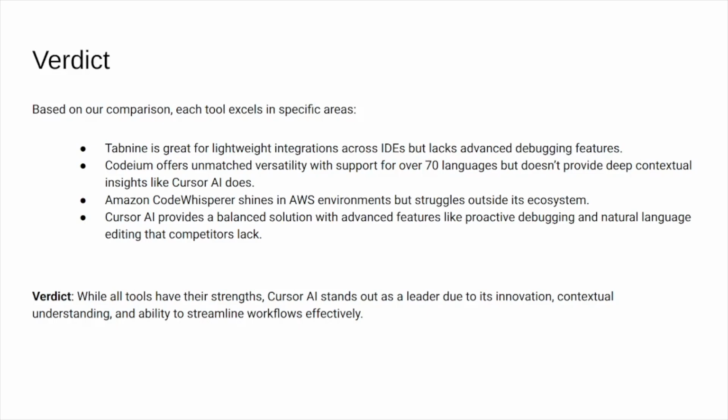Cursor AI provides a balanced solution with advanced features like proactive debugging and natural language editing that competitors lack. So, while all the tools have their strengths, Cursor AI stands out as a leader due to its innovation, contextual understanding, and ability to streamline workflows effectively.